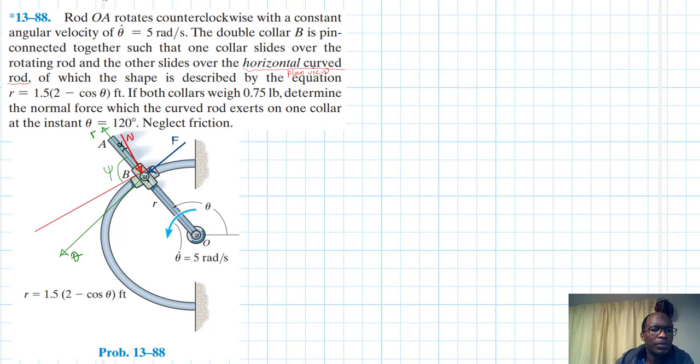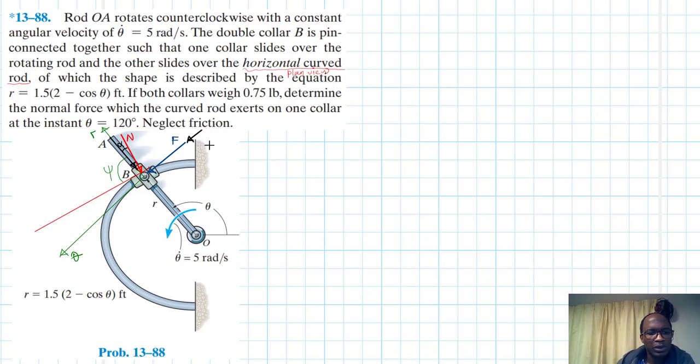So we'll have two components from the normal force. One component in this direction like so, and another component in that direction like so.